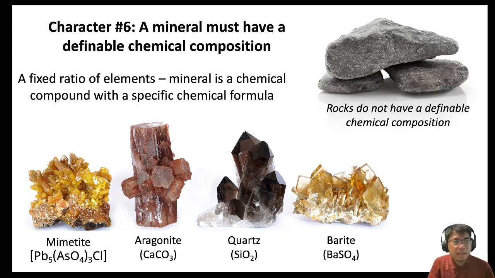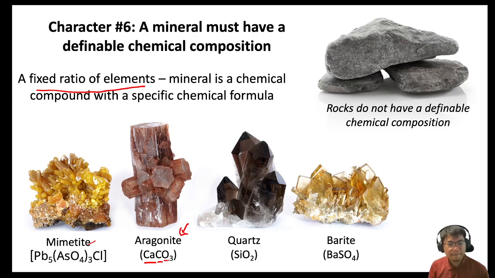The next characteristic is that a mineral must have a definable chemical composition. It means that every single mineral has a fixed ratio of elements. So for example, I'm not going to go through mimetite. Aragonite, let's go with aragonite. Aragonite has 1 calcium and then 1 carbon and 3 oxygen. Calcium carbonate, that's what it is.